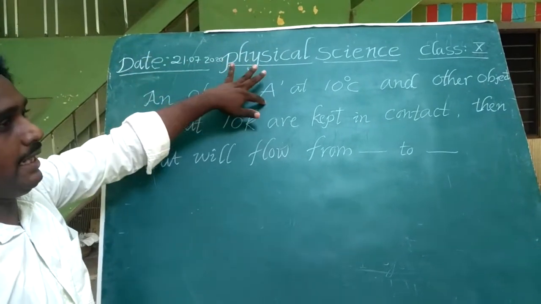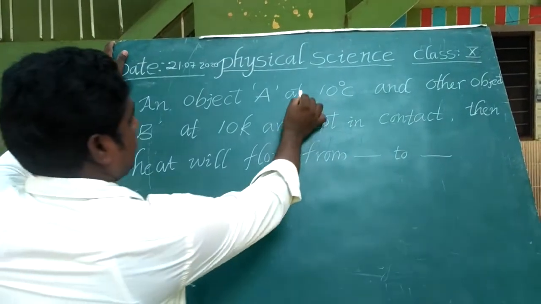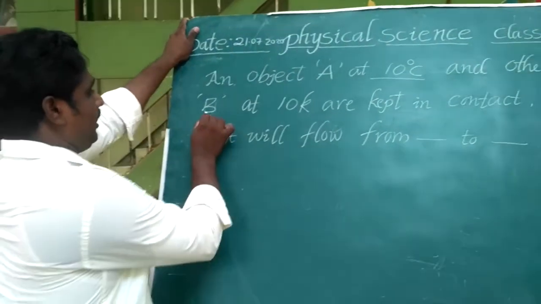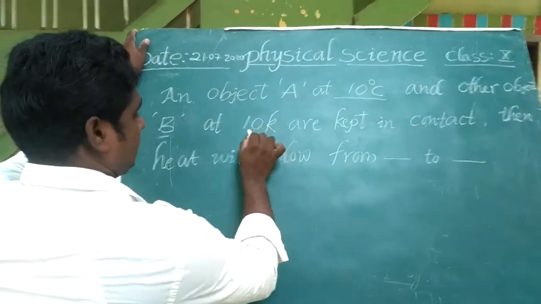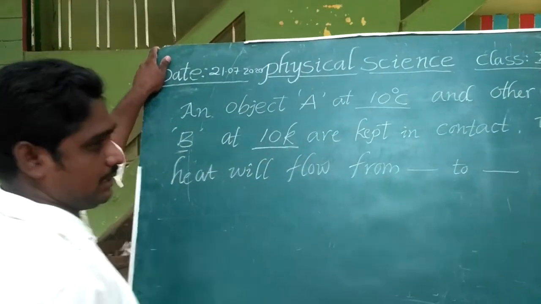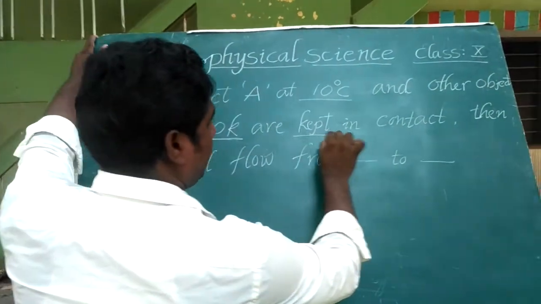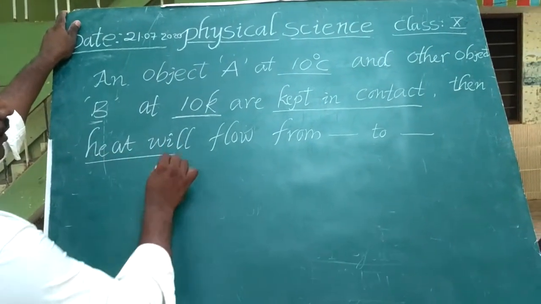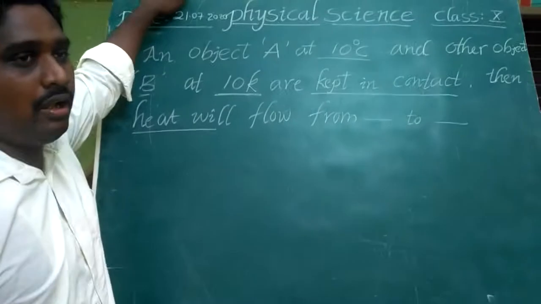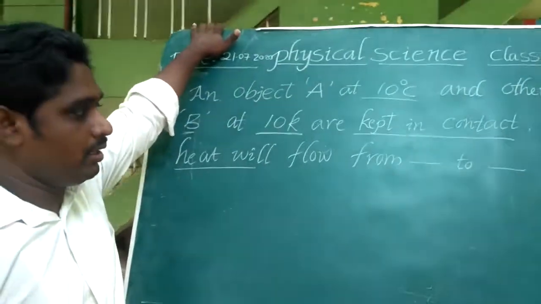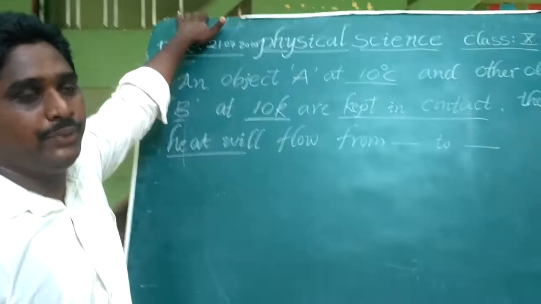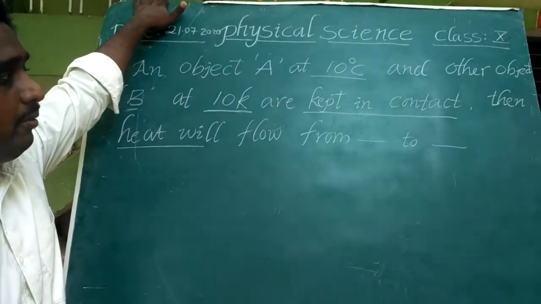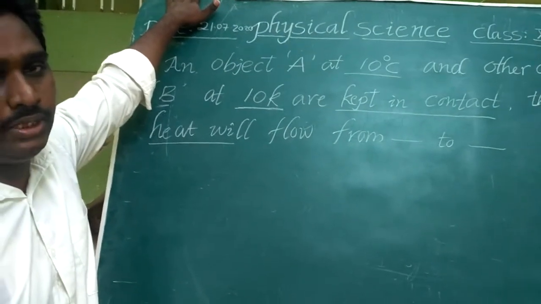An object A at 10 degrees Celsius and another object B at 10 Kelvin temperature are kept in thermal contact. The heat will flow from dash to dash. Does the heat flow from A to B or B to A? Which is the correct answer?